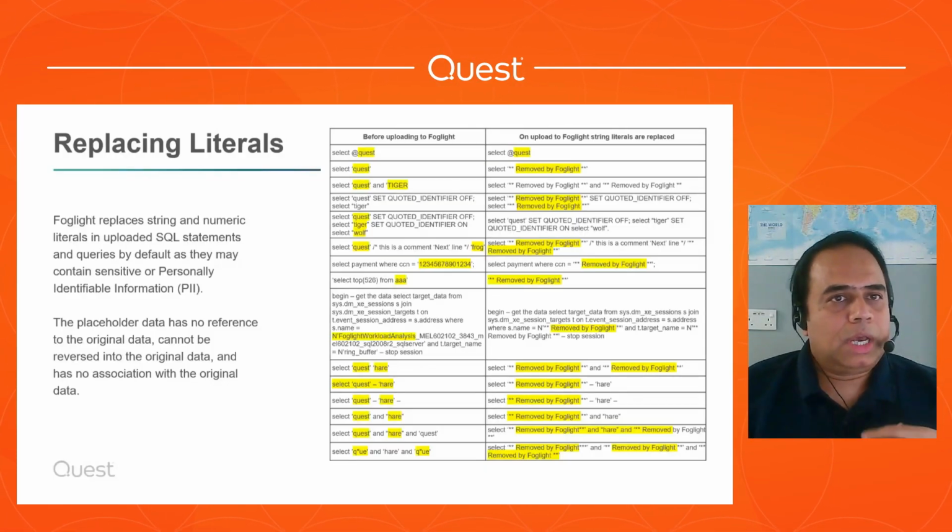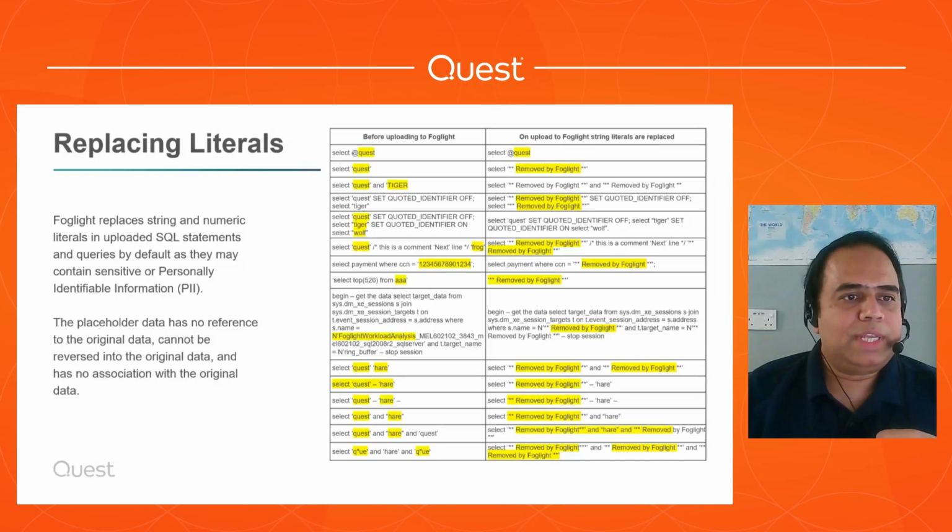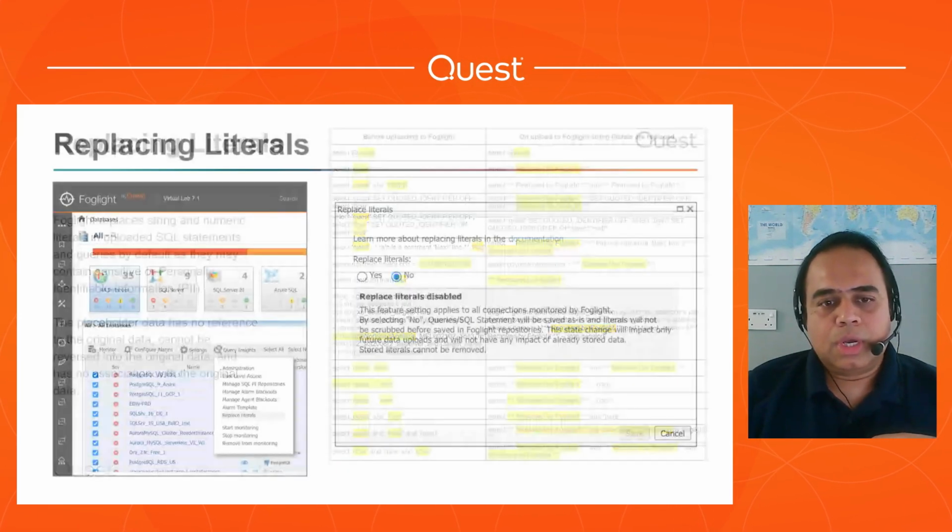For example, you can actually see if you have any select statements that look at select at quest or select quest tiger, Foglight adds a line which says removed by Foglight right next to the select statement by simply redacting those sensitive information in your select SQL statements.